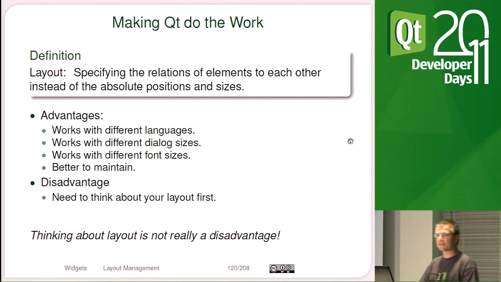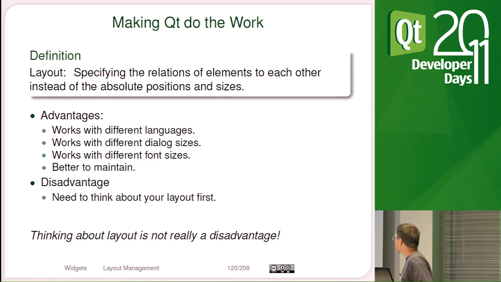But that can be very tedious work, especially for all languages, for all kinds of fonts on different operating systems. You have to take care of that yourself, everything manually. So it's much better that you let Qt do the work for you.